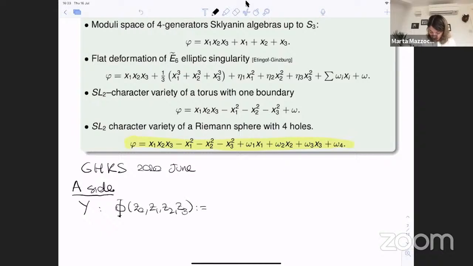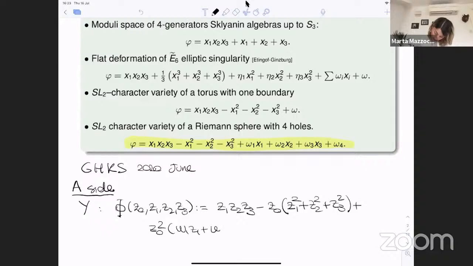I'm literally taking the standard procedure to make this polynomial homogeneous: I multiply the quadratic term by z0, the linear term by z0 squared, and the constant term by z0 cubed.